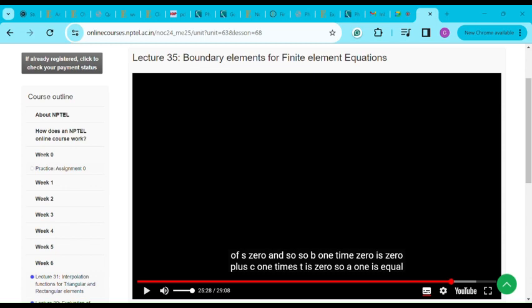And here, these three are zero, so only S1 remains: psi 1, Q dot n, dl. This is your F1.